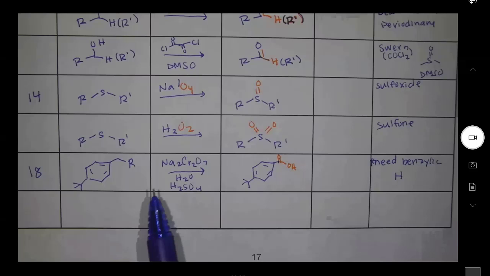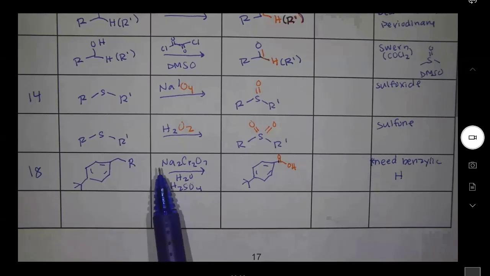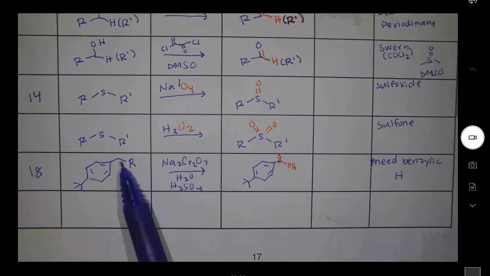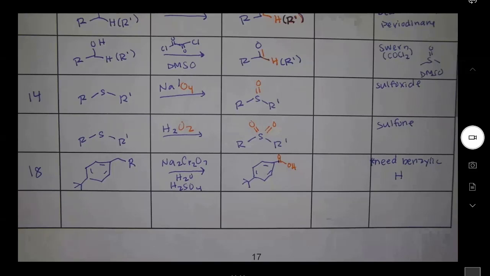Or if R was a 50 carbon long alkyl chain, you'll still get benzoic acid. So as long as there's a hydrogen here, that's going to oxidize here. And this tert-butyl group does not get oxidized because there's no hydrogens on that carbon.